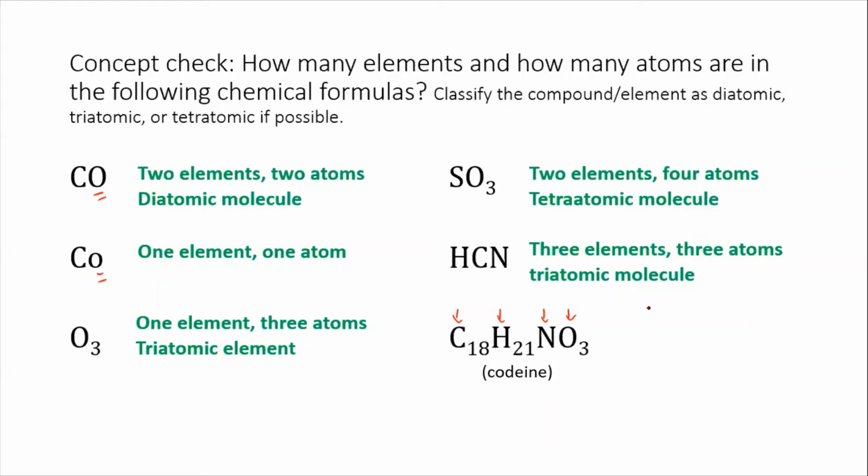The total number of atoms is going to be 18 carbon atoms plus 21 hydrogen atoms plus 1 nitrogen atom plus 3 oxygen atoms. I can't do that one in my head, so I'll just grab my calculator. 18 plus 21 plus 1 plus 3. So it has 43 atoms total.